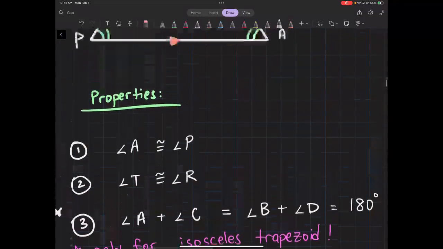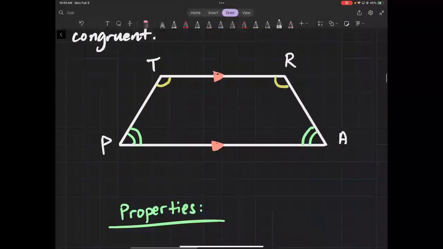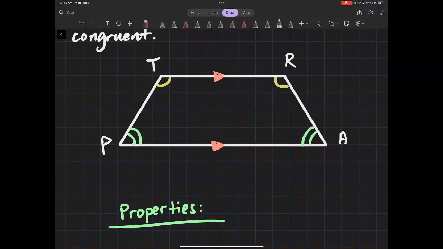I mislabeled it here, but on your sheet it's the same. Starting from top left: A, B, C, D.